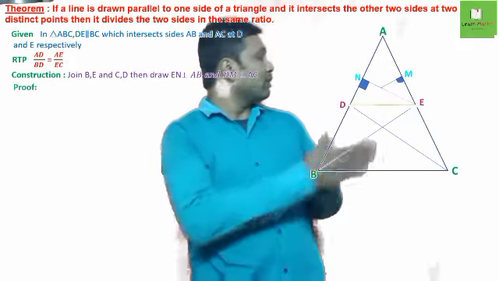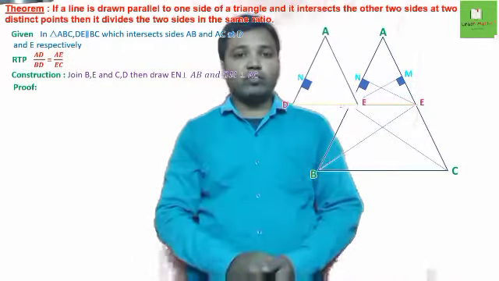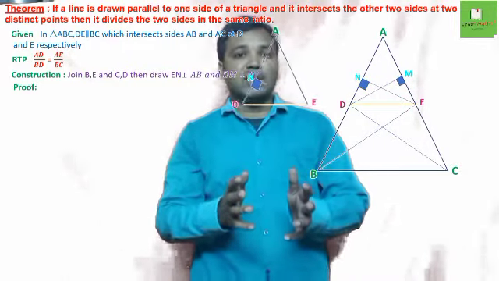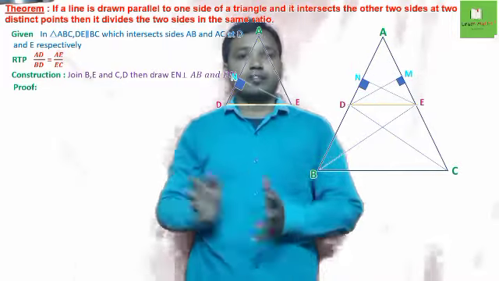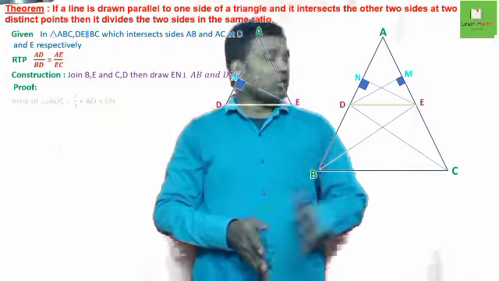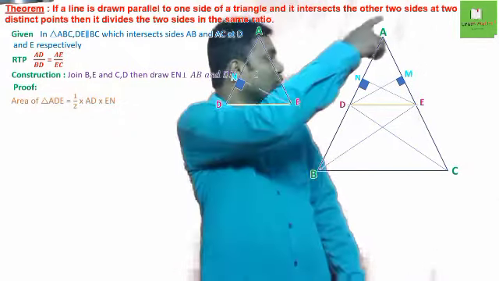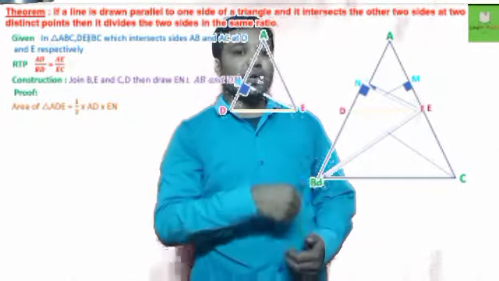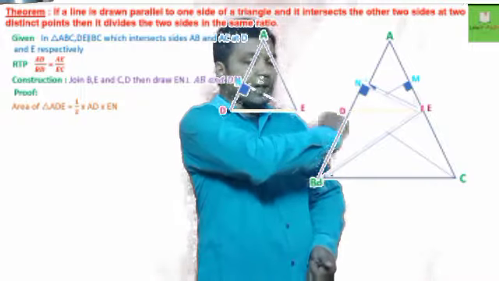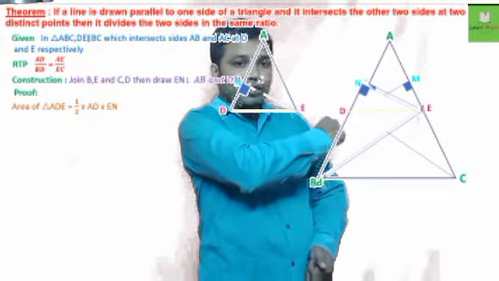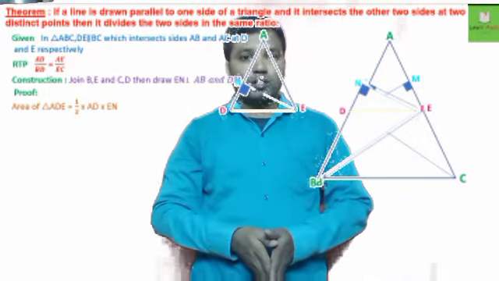If you observe clearly in the figure, we get a triangle ADE. First of all, I am going to find the area of the triangle ADE. Here AD is the corresponding base, and EN is the corresponding height on that base.